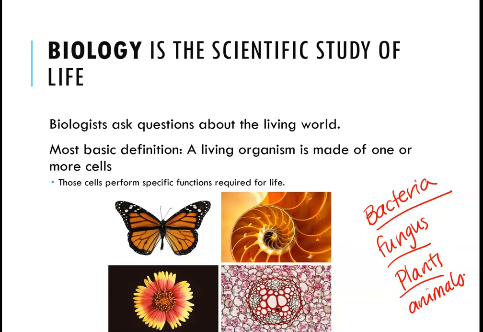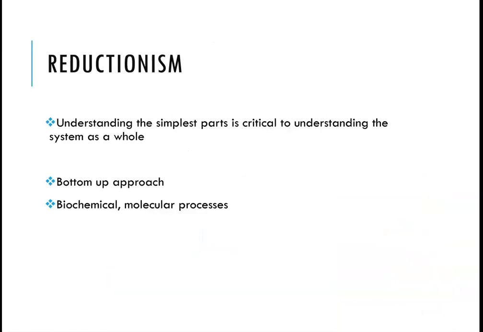Because all of these organisms are made up of at least one cell. We'll talk about this definition of life. It's called the cell theory. We'll talk about that in chapter 4. But before we get there, we're going to just focus on what makes something living. And the most basic definition is that it is made up of a single cell.